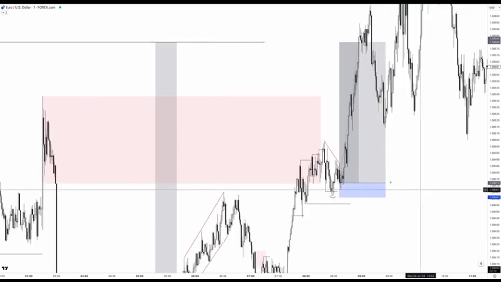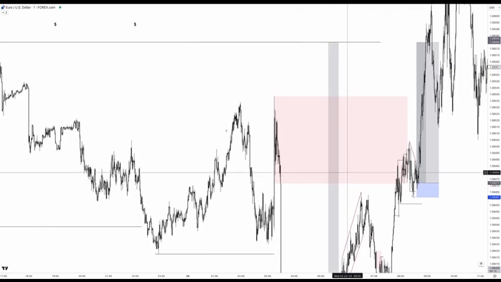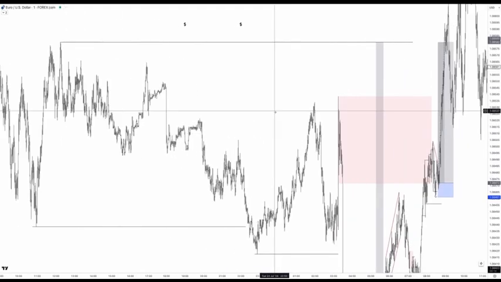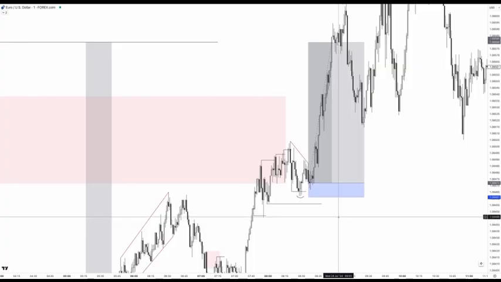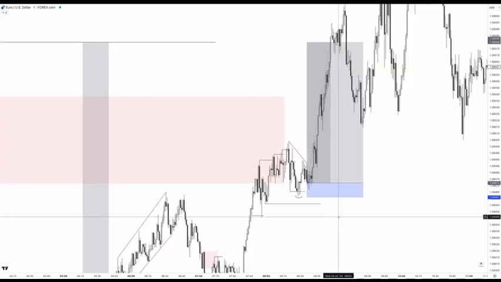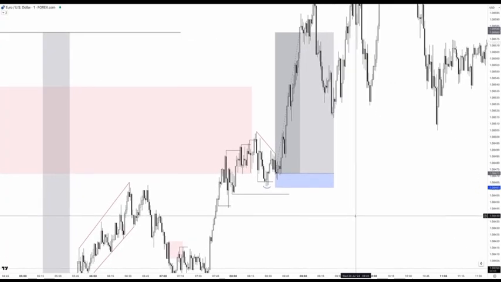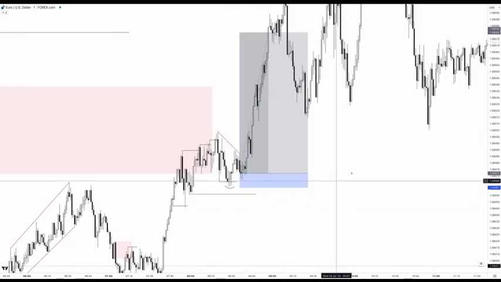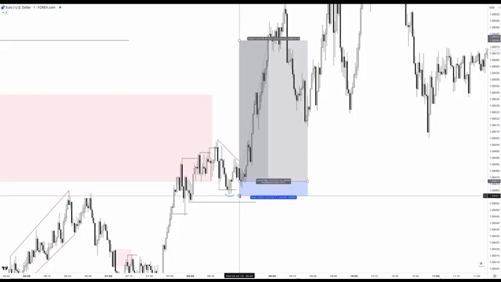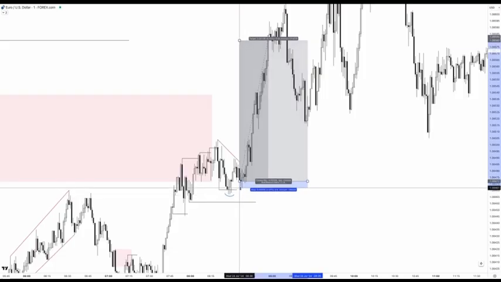Okay, so because it's an entry at the highs or near the highs, personally I would manage the position a little more aggressive than usual. Let's say the market takes out this high right here, I would actually move my stops below here, right?